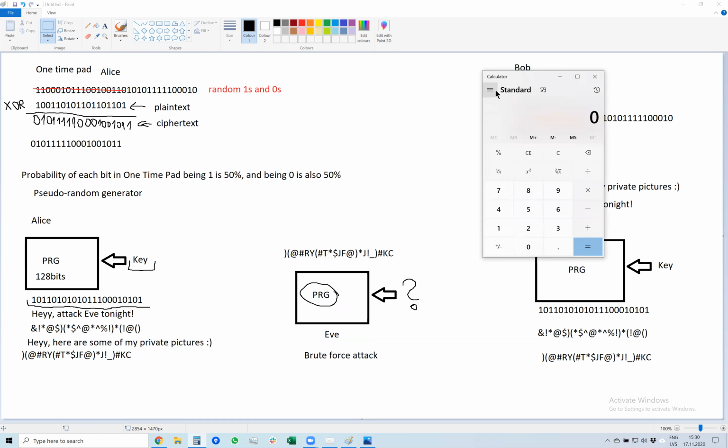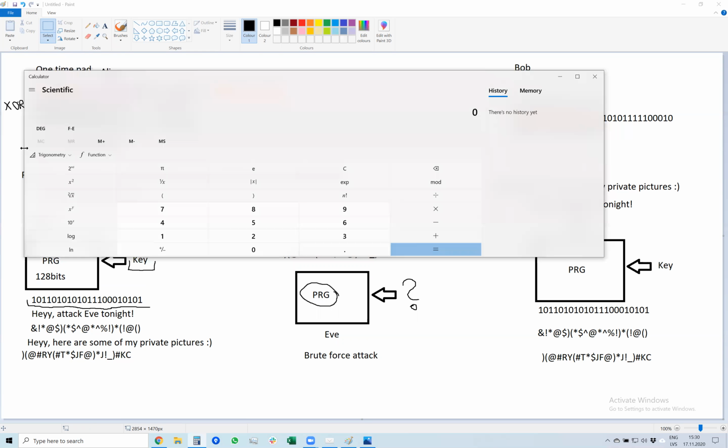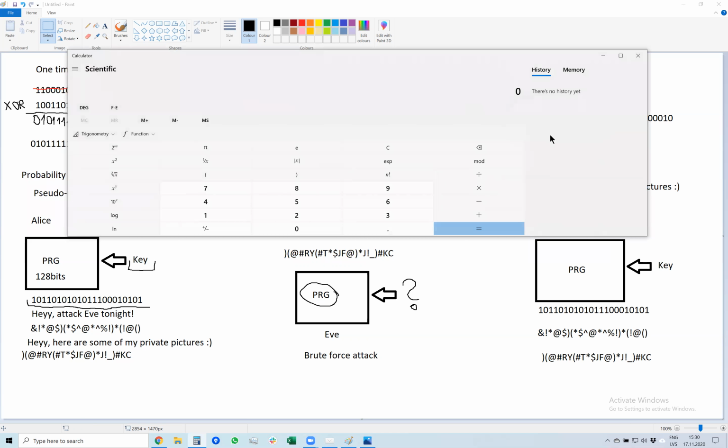And it is the following. I will use a scientific calculator with big numbers. I hope it works. And let's talk about password length. Let's say that the password is 128 bits.